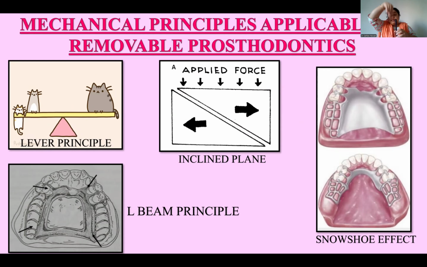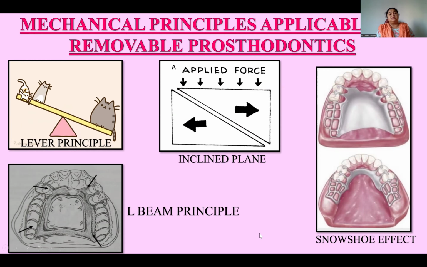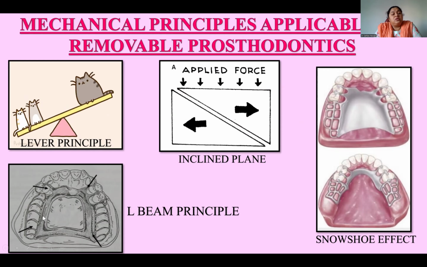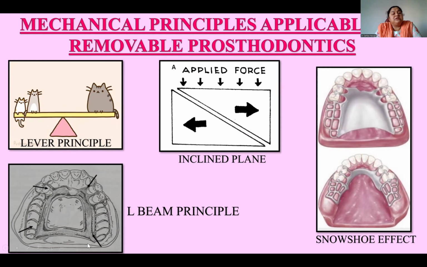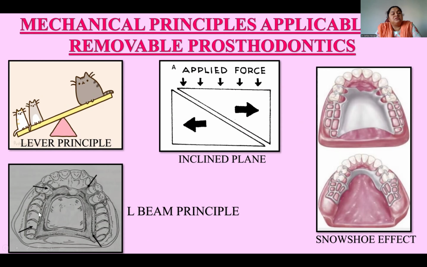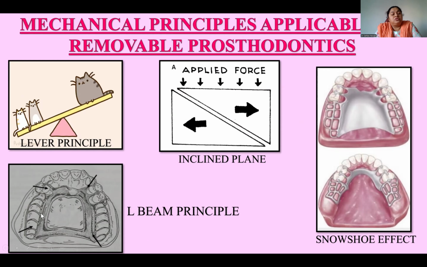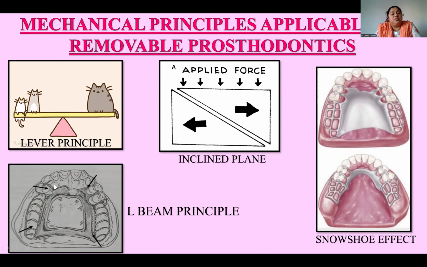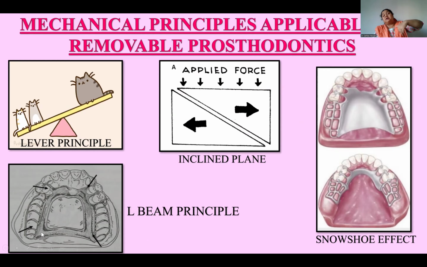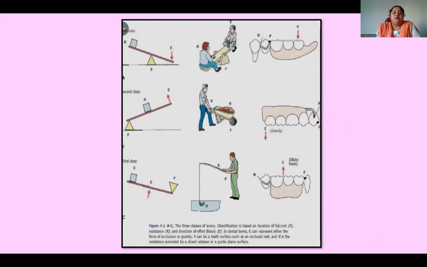If it's acting directly, it's a problem. If we're giving an L-beam, you can see in this diagram, half is on, suppose, the lingual surface, half is on soft tissue, and half goes to the gingival part of the tooth. So it is L-shaped. L shape is important. Any forces there will not lead to any fracture. If direct, that's a problem.